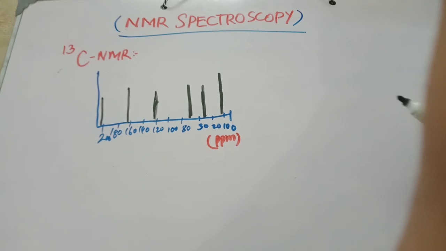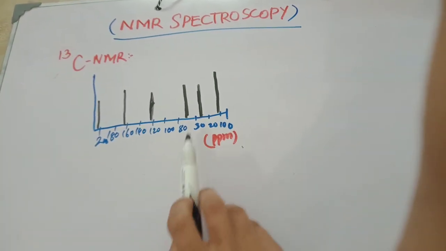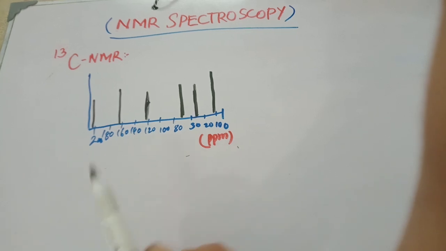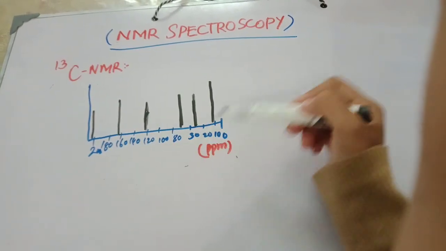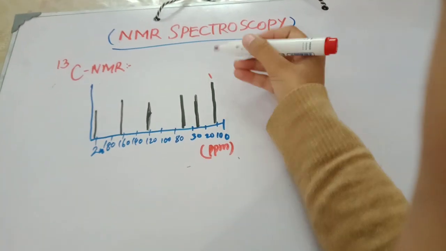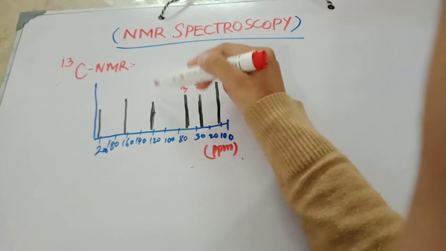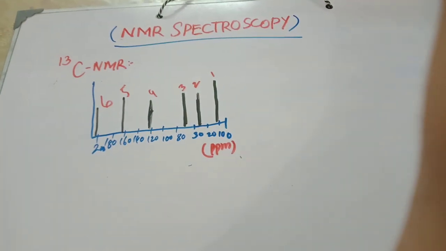So these are the peaks of carbon 13. What do the peaks in the graph show us? Firstly, we'll see how many peaks there are: 1, 2, 3, 4, 5, and 6.